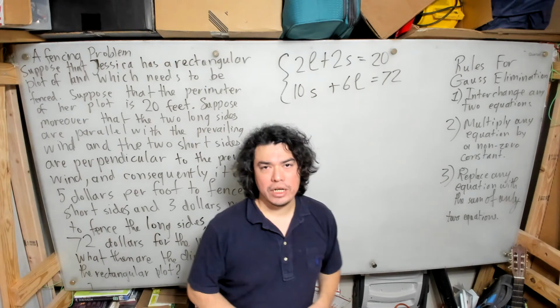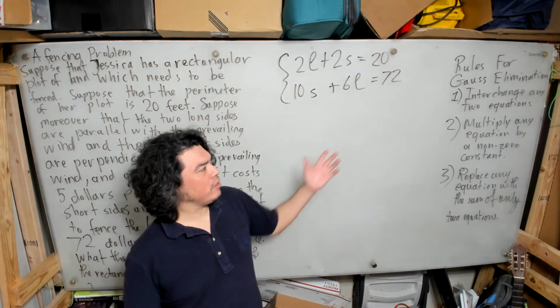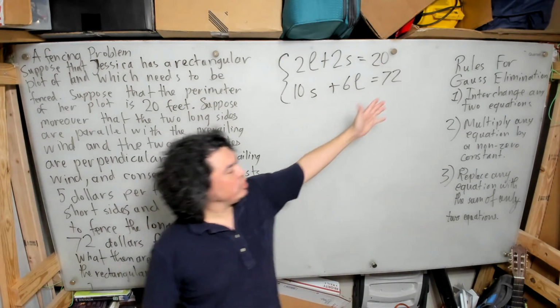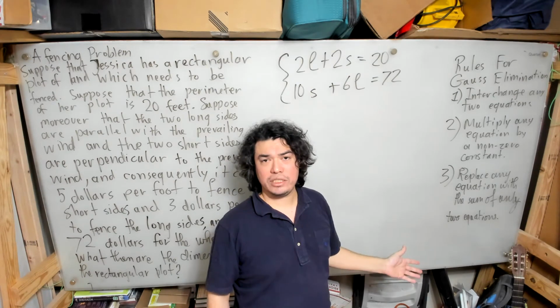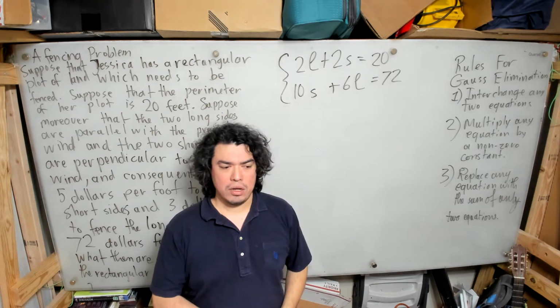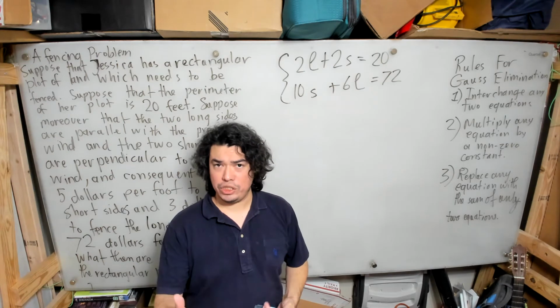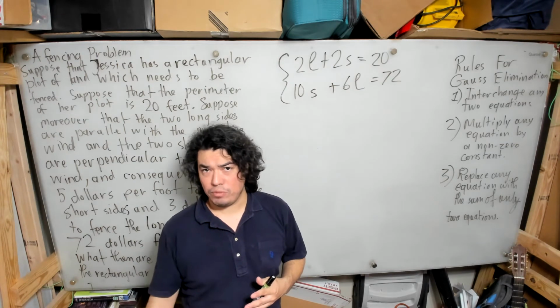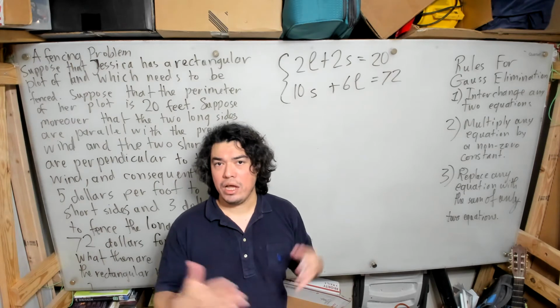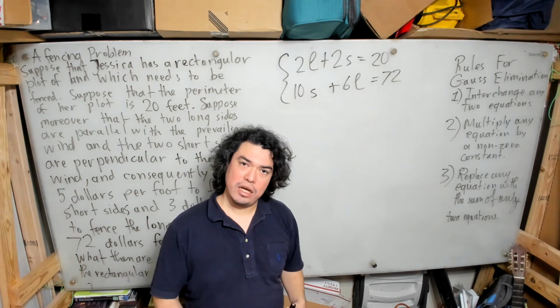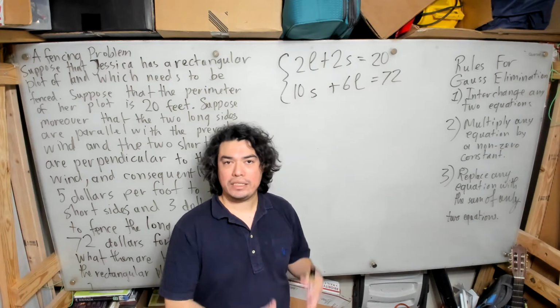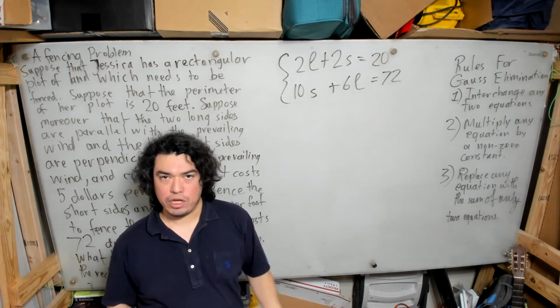You're going to see that the reason why it's called Gauss elimination is that we're going to use these rules to transform the system into equivalent systems in which, in one equation, we get rid of one of the variables, we eliminate one of the variables, and thereby arrive at an equation that we can solve for one of the variables. Then we're going to be able to use that value to back substitute to get the value of the other variables.